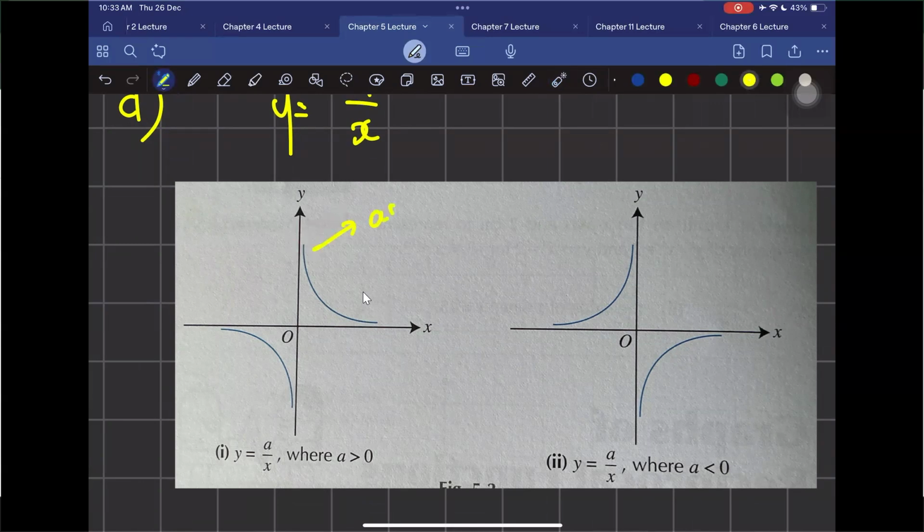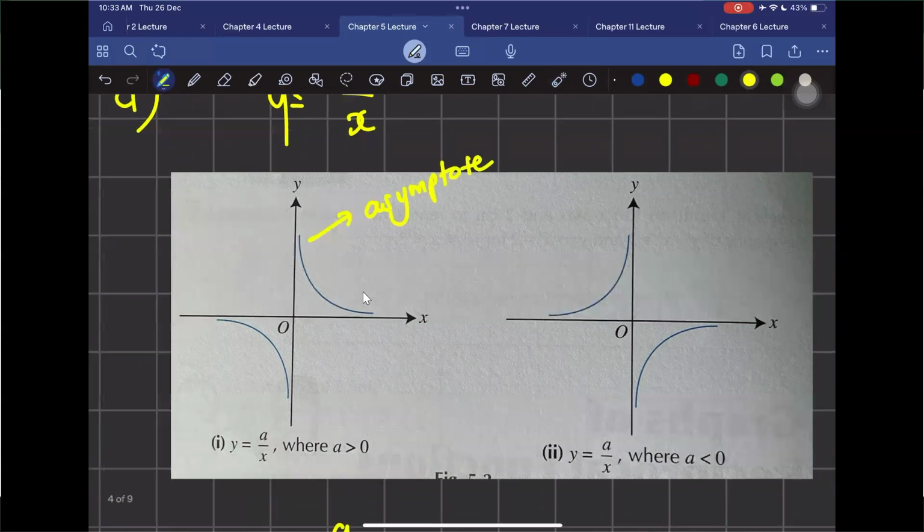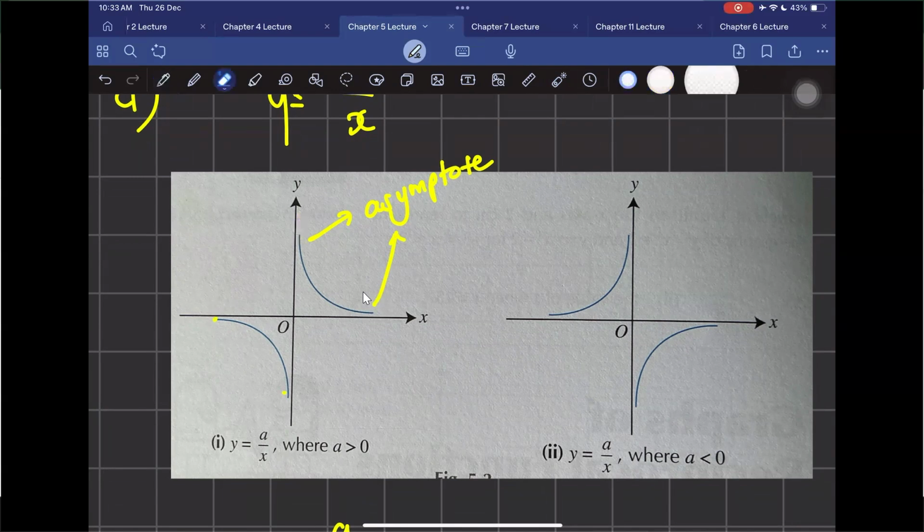This is called an asymptote. Similarly, this part here would never intersect your x-axis. Same for these two points, over here and over here. They will just go along the y-axis, closer and closer to the y-axis, but never touching it.